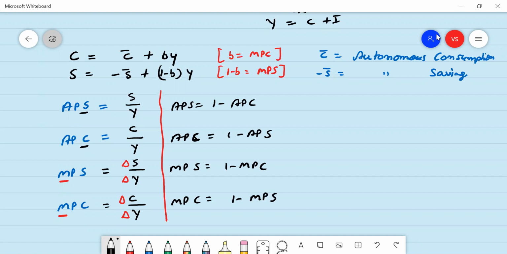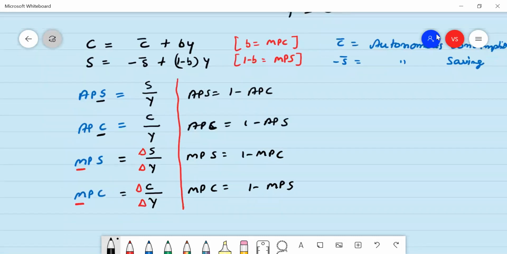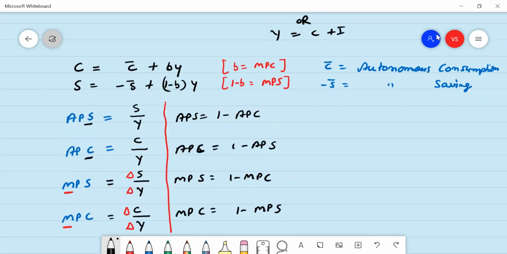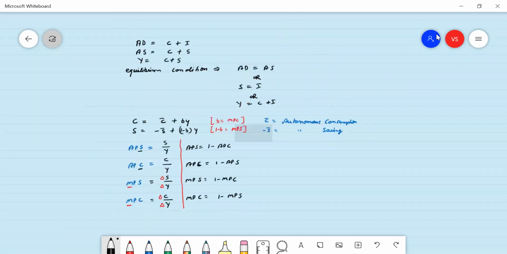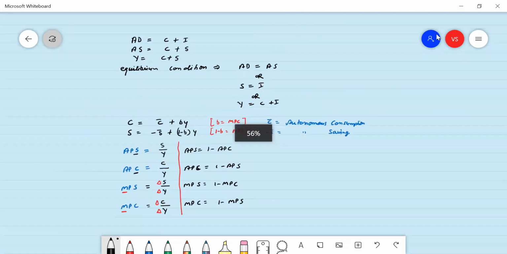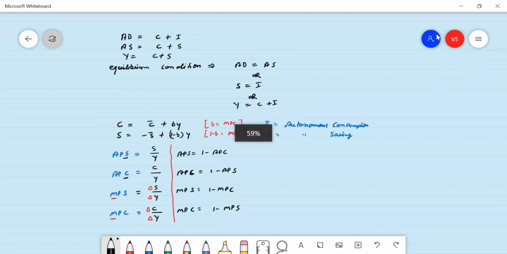These are the formulae. So first of all, please take a screenshot of all the formulae together. Then I will give you some practice questions for this.